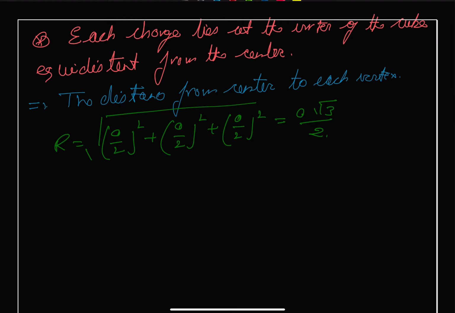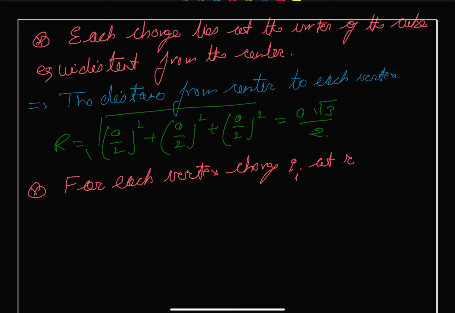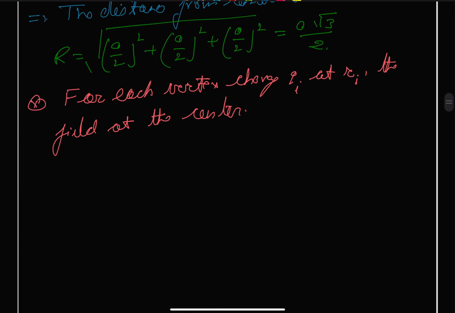So for each vertex charge, let us say this is our Q of I at a distance of R of I, the field at the center E of I will be equal to 1 upon 4 pi epsilon naught, Q of I times (RC minus R of I) divided by R cube.